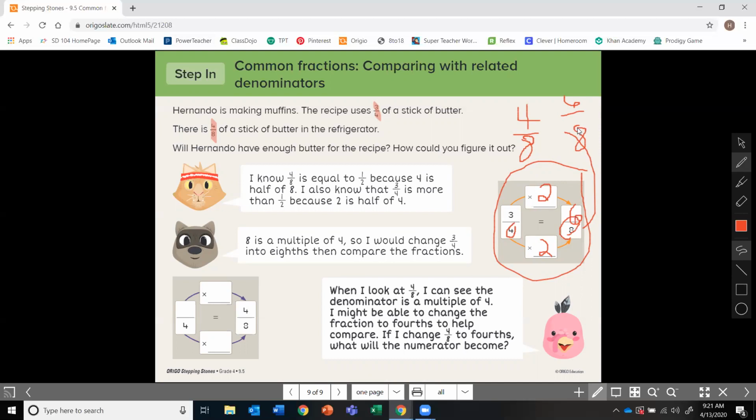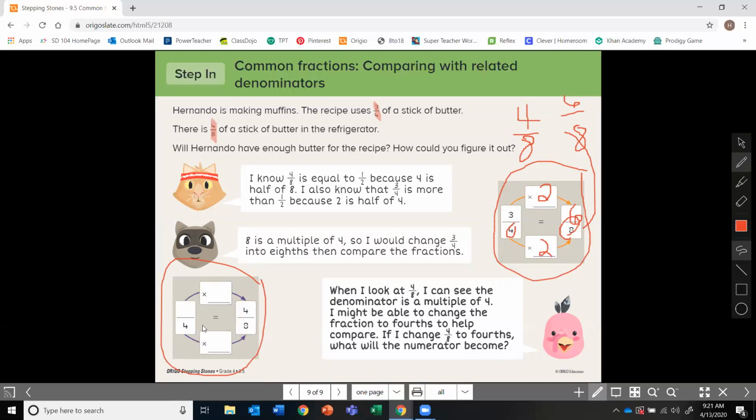I'm going to stop talking for a minute and give you a second to say yes or no. Does he have enough butter? Okay, hopefully you said no, he does not have enough butter because he only has 4/8 in the fridge and he needs 6/8.